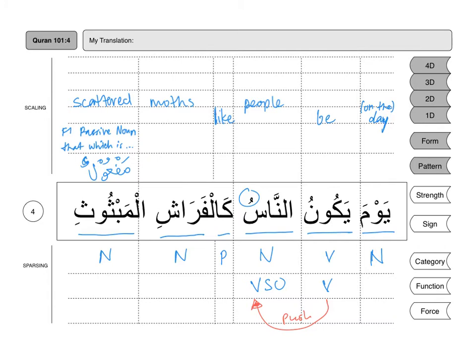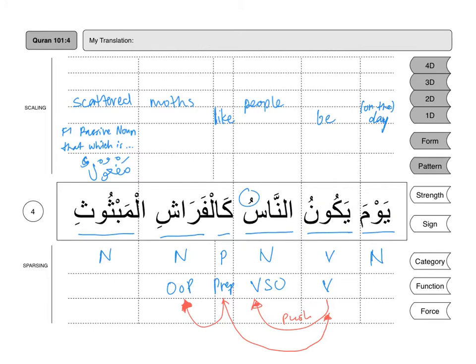And then you have kal farash. Ka would be a preposition, so particle of preposition. Al farash, object of preposition. As usual, the force would be like this. And then the linking verb for this preposition would go back to yakunu. You go back to yakunu, and that's how you fill the gap.